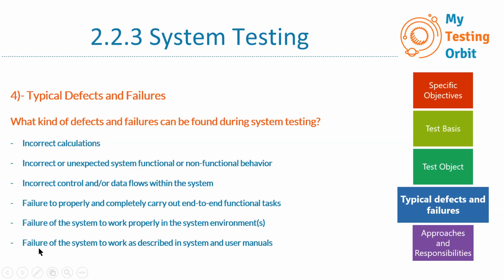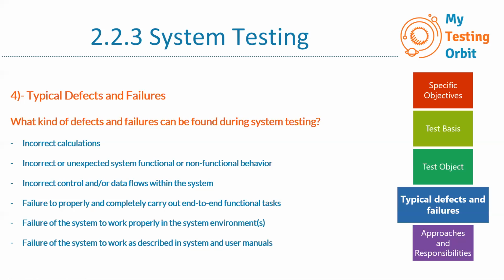The last one is failure of the system to work as described in system and user manuals. Sometimes if we test a product functionality-wise, everything is okay, but maybe it's not working as expected as it was mentioned in a manual.